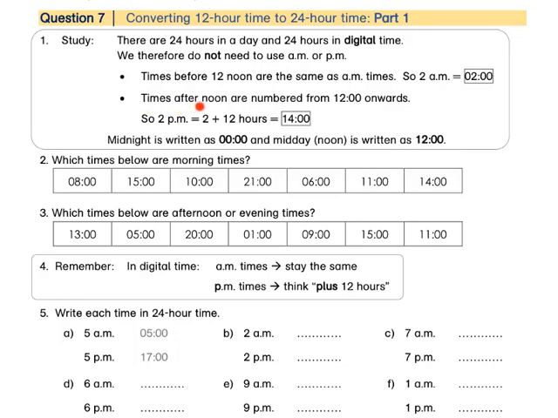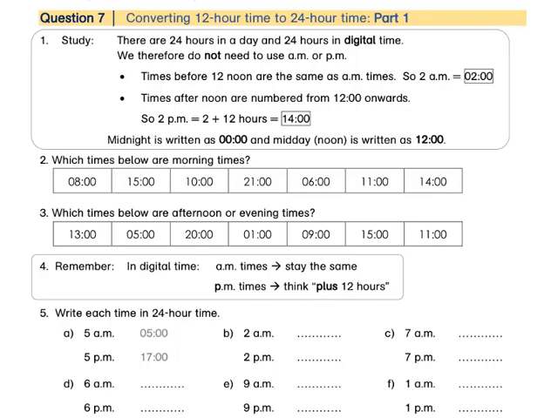Times after noon are numbered from 12 onwards because we have 24 hours to work with. So for our second half of the day, after 12 o'clock noon, we keep on counting from 12, like 12, 13, 14, 15, up until the 24th hour of the day. 2 p.m. is the way that we write 2 o'clock in the afternoon in 12-hour time.